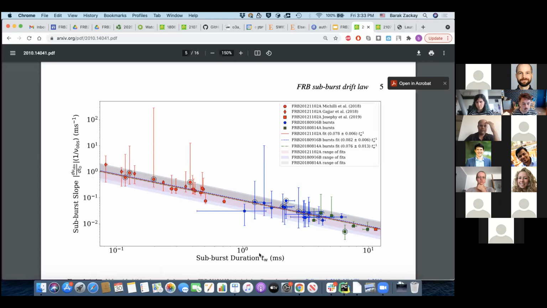If you have a super short burst, it has to move fast in order to traverse the band in a sub-millisecond duration, so it has a larger drift rate. But it seems to me that this could be a selection effect. So I don't know, maybe we want to discuss this. Maybe people from CHIME want to discuss this.